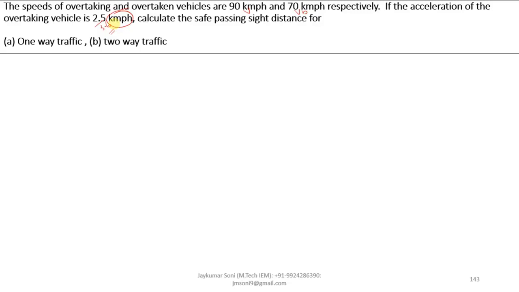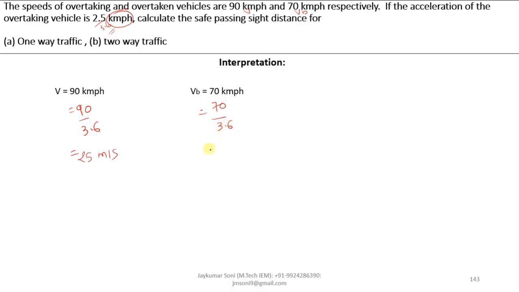Let us calculate the example and first of all interpret the statement. V is 90 kmph, so we will convert it into meter per second. So ultimately it will be 25 meter per second. Then VB is 70 kmph, 70 by 3.6, so it will be 19.5 meter per second.